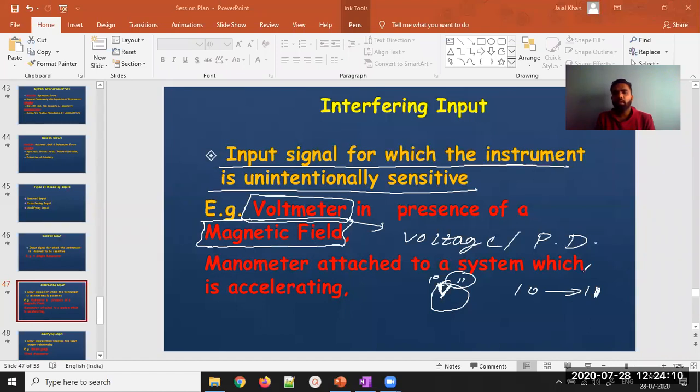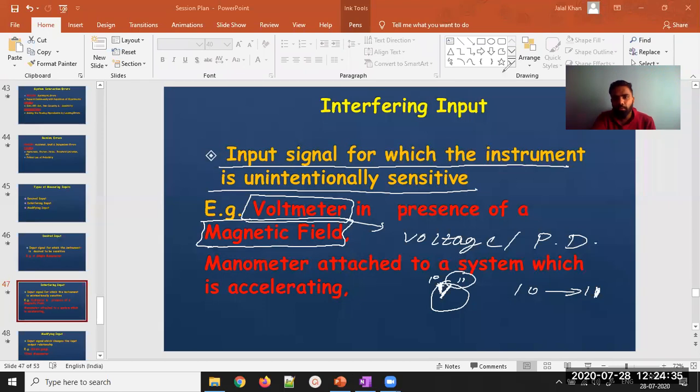You can reply via chat, via voice also. This change from 10 to 11 happening due to the presence of the magnetic field is interfering input. My instrument does not want to react, but it is reacting because it cannot help. Such kinds of inputs where the instruments react unintentionally are called interfering input.